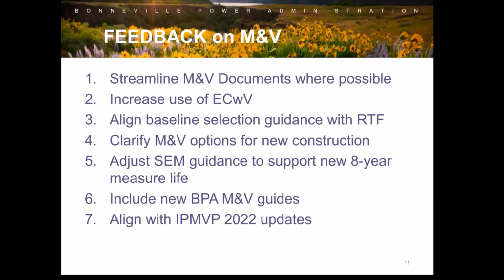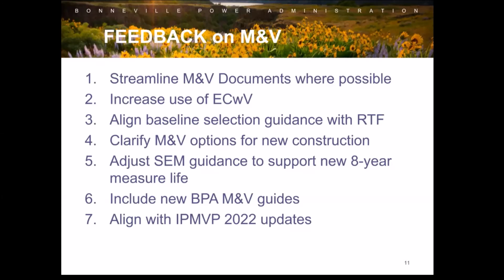The options for new construction projects were not exceedingly clear with the engineering calculations methodology was another piece of feedback. We also learned that the strategic energy management measures had moved from a 1-year measure life to an 8-year measure life, which had a direct impact on this SEM CNI M&V guide that came out in 2022.